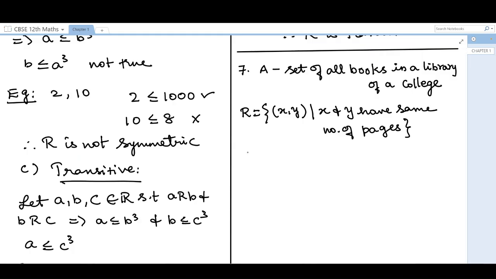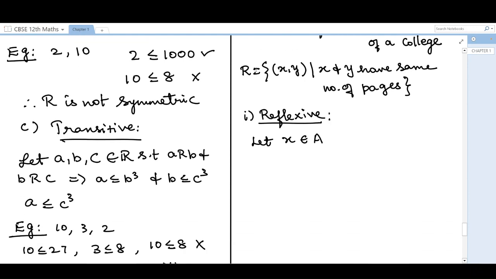Let us verify the first property, reflexive. So if you take an element X from the set A such that X is a book in the library, then X will have the same number of pages as that of X itself. Therefore, what we could conclude is X is related to X itself. Therefore, the relation R is reflexive.